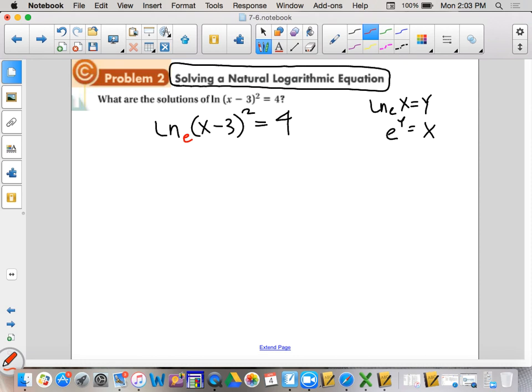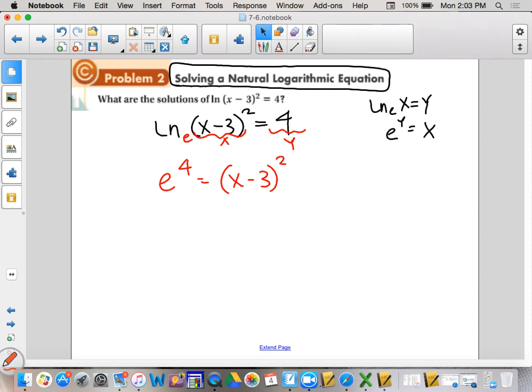When I put it in exponential form, what am I going to end up with? e raised to the 4. This whole thing is x, 4 is y. So it'd be e to the 4 equals (x minus 3) squared.